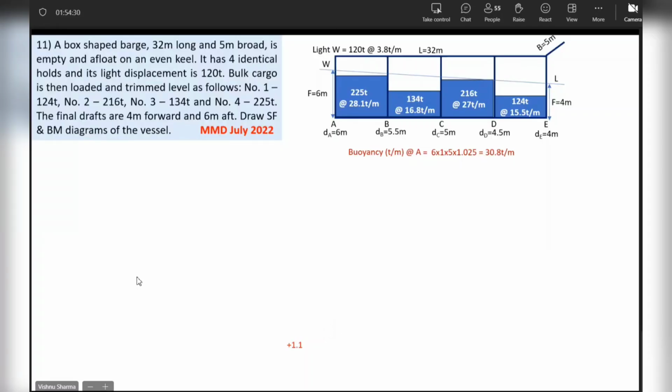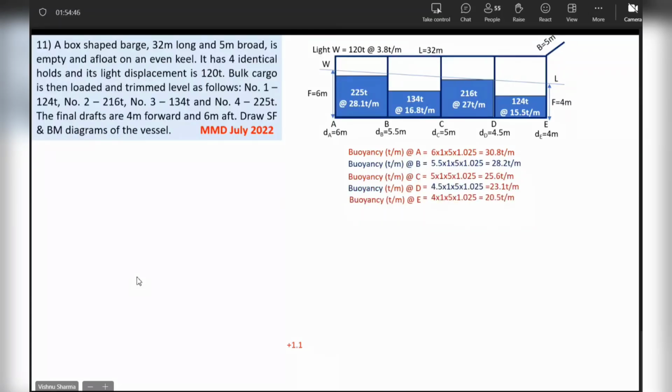Yes, sir. Exactly the same way, we can calculate buoyancy per unit length at B, C, D, E. Everything is the same, only the drafts are being replaced. The drafts are changing from 6 to 4, right?